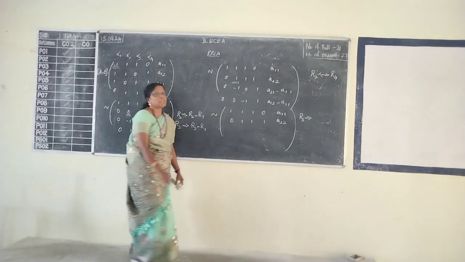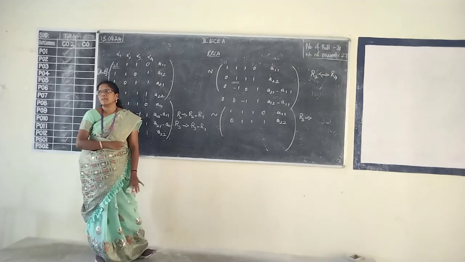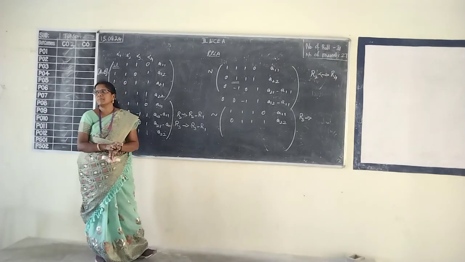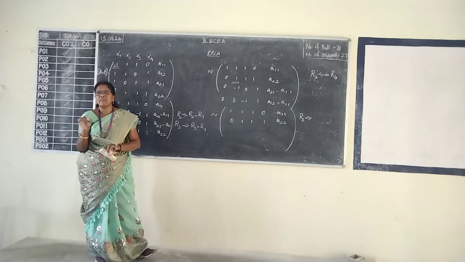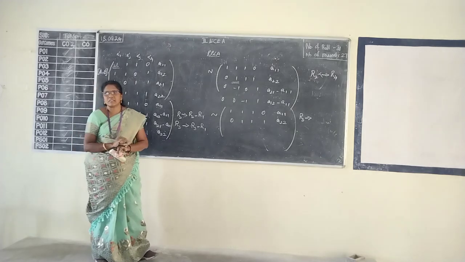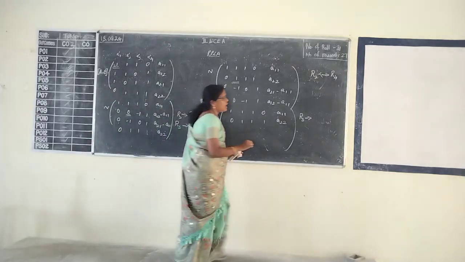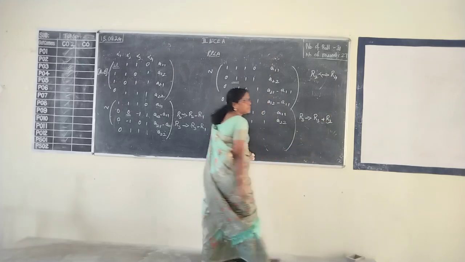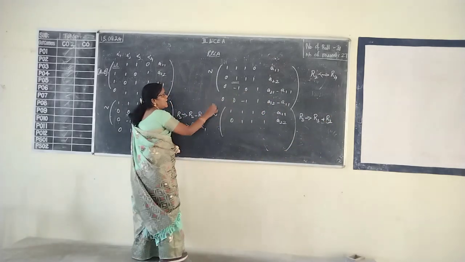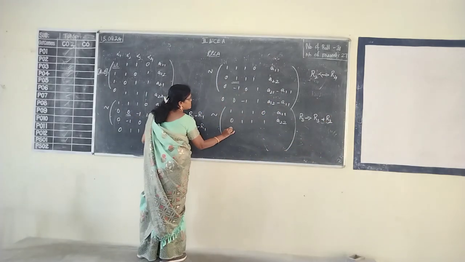So tell me the transformation for R3. Add or minus? Why plus? Because both have the same value but opposite signs. So we are going to add. So R3 is transformed as R3 plus R2. So just add 0 plus 0 will become 0.